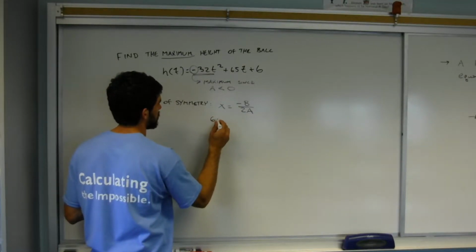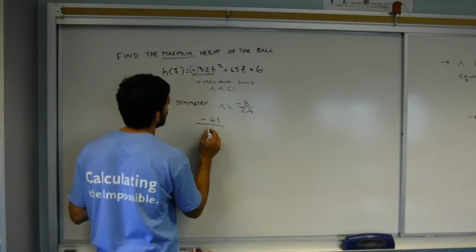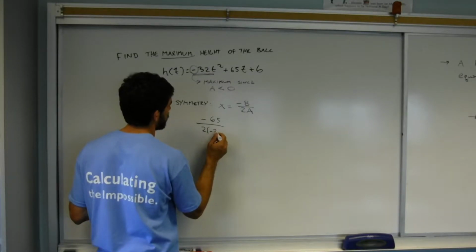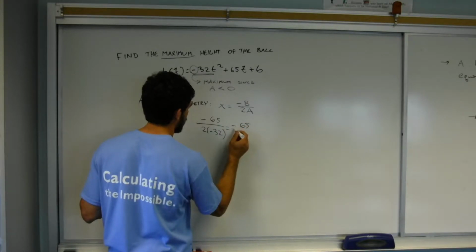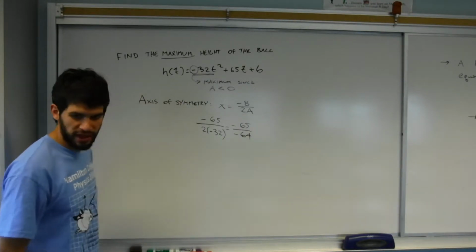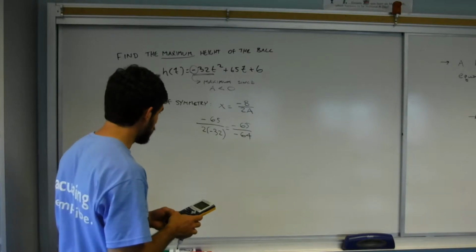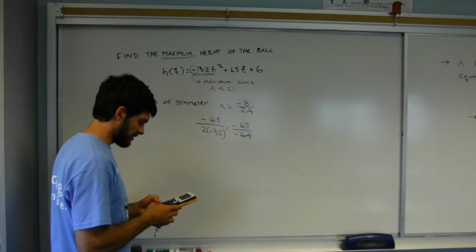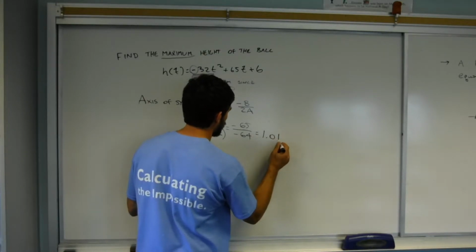Negative b is negative 65 divided by 2a, which is 2 times negative 32. It's going to be equal to negative 65 over negative 64. I'm going to plug that in our calculator, and we get 65 divided by 64 is equal to 1.01.